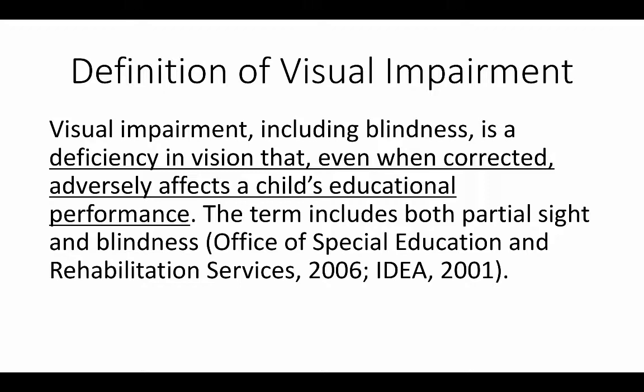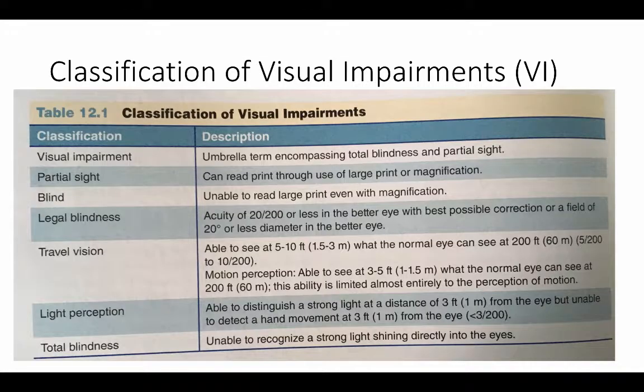They have to have a significant amount of vision loss that, even with corrective lenses, contacts, or surgery, cannot be repaired. And as always, with all of our definitions, this adversely affects the child's education performance. So it includes those with a visual impairment, partial sight, all the way to total blindness.